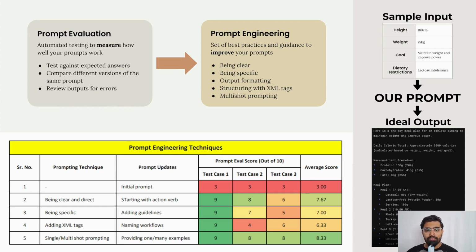That's why it's important to update or iterate your initial prompt, then use prompt evaluation frameworks to test across various test case scenarios to get the best out of whatever prompt you are providing to your chatbot or any model to be queried by the user.